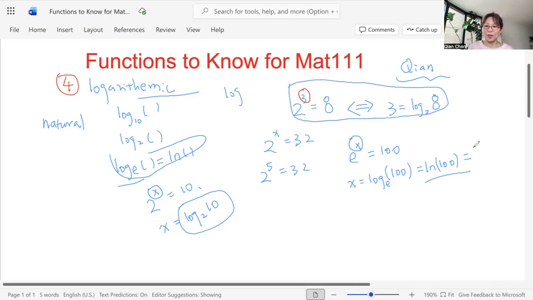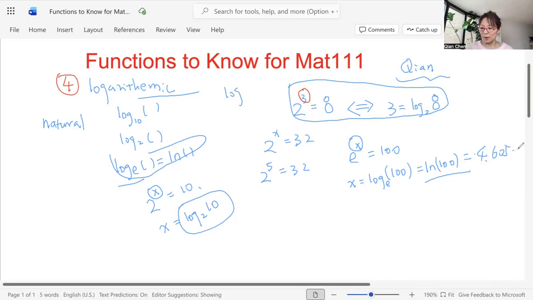All right. If we put it into a calculator, we can approximate. So let me put it in my calculator. I see ln of 100 equals 4.605.